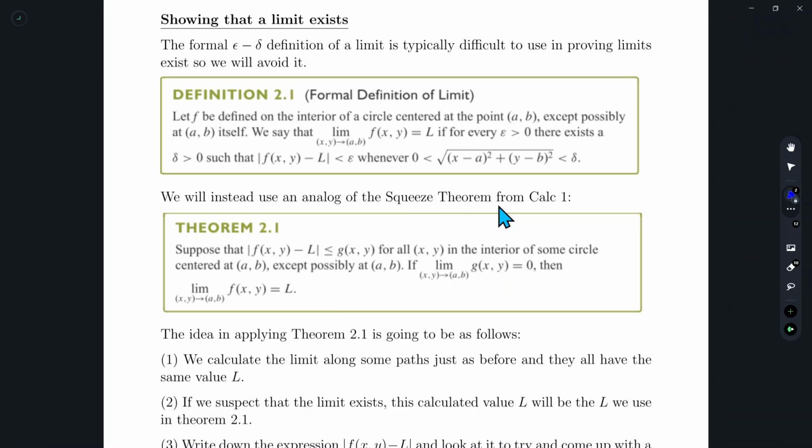The idea behind the squeeze theorem is you might have a somewhat complicated function that you're trying to determine the limit for.